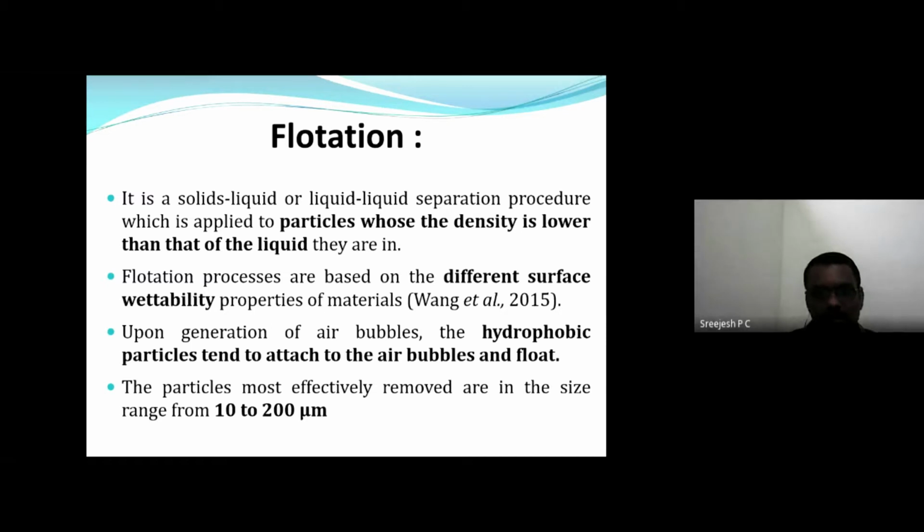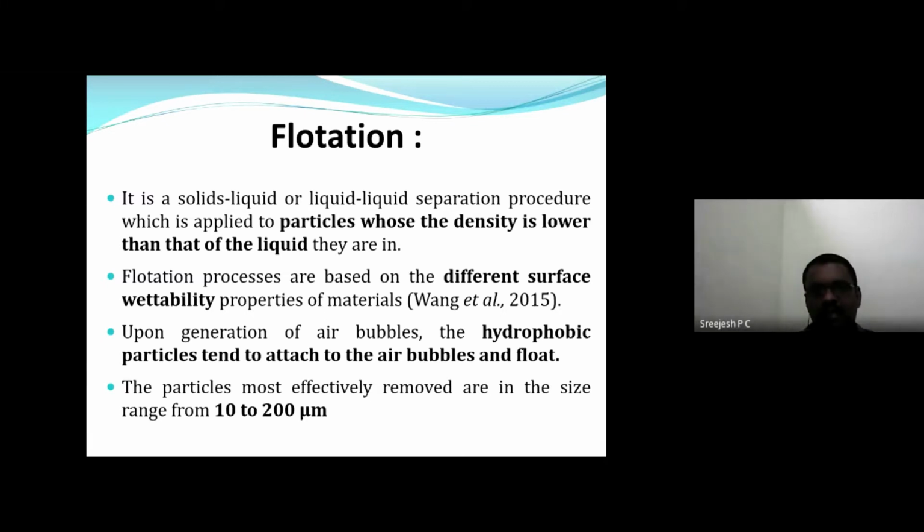The way it appears on the slide will be different. Some will be in the form of a globule, some in the form of a hemisphere, and if you take water, it will be like a flat surface because it has more wettability. So the wettability property of the material will be different, because they have an ability to adsorb to the surface differently.